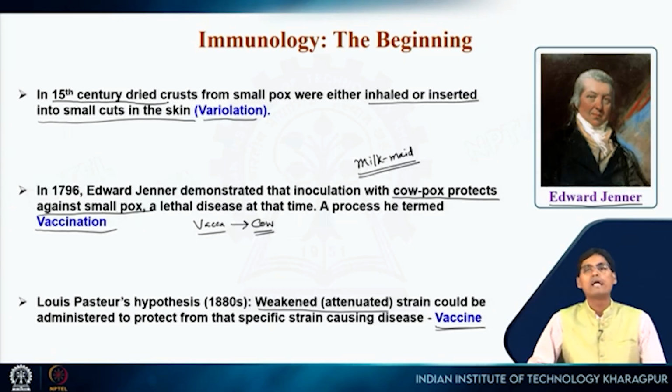Now you know a lot of vaccines are available in the market, and some are mandatory, like all of us need to take. Many of them are attenuated strains. This way the immunology field developed. But the mechanism, how it works, was not known during that time; gradually we will learn how it actually works.